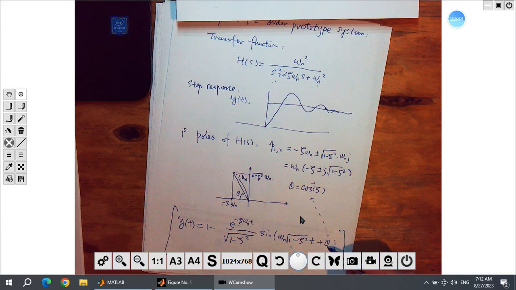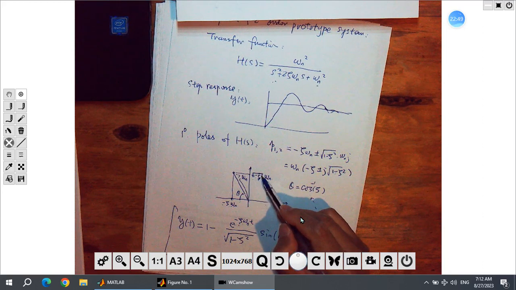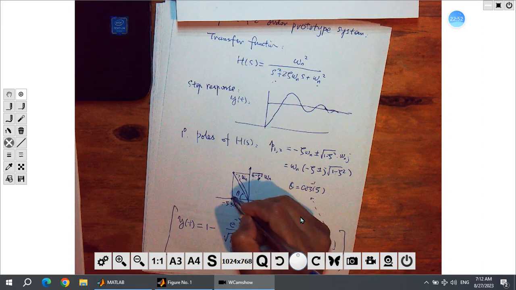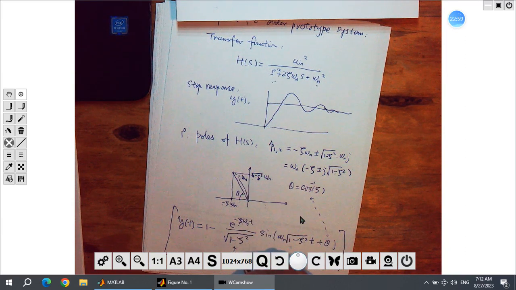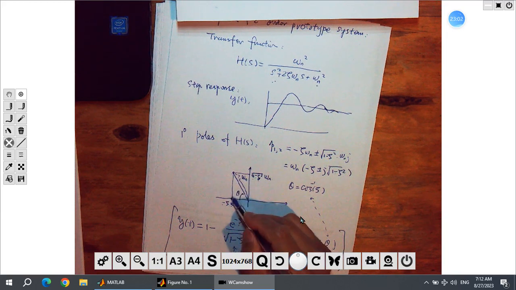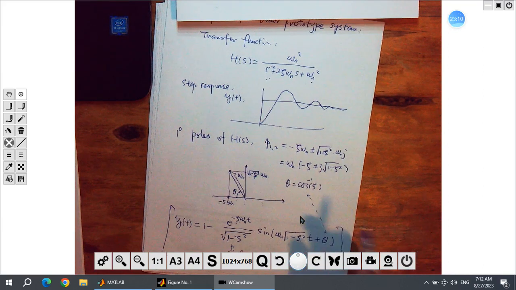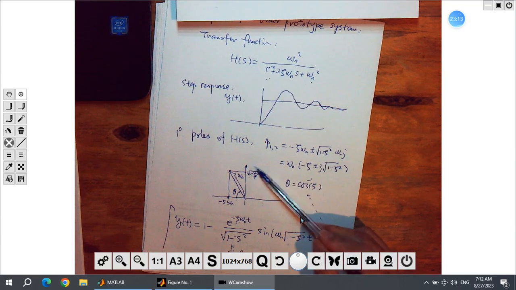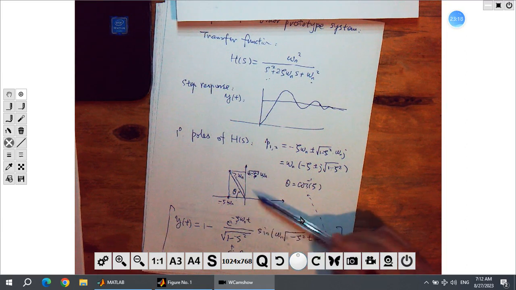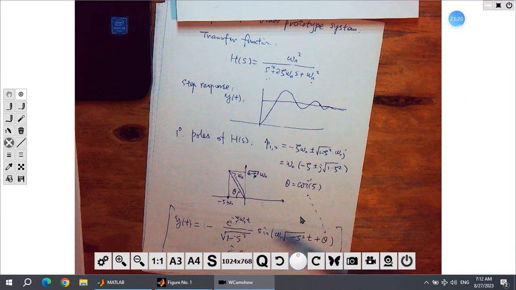And square root of 1 minus zeta squared is this length. This length is what? It is sine theta, right? This is theta, this is sine theta. So the pole of H of s gave us all the necessary values in the step response.